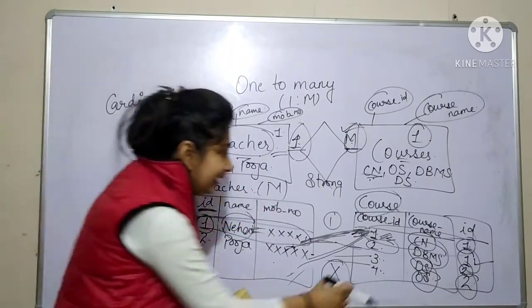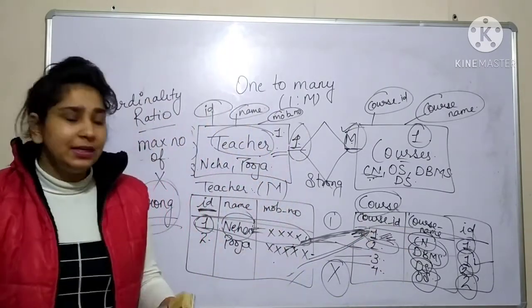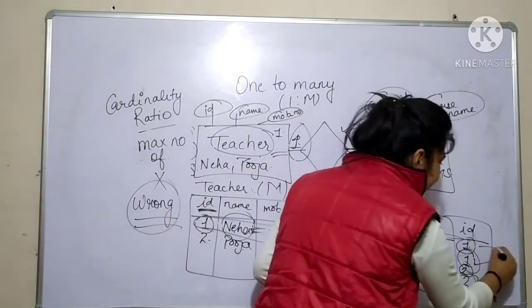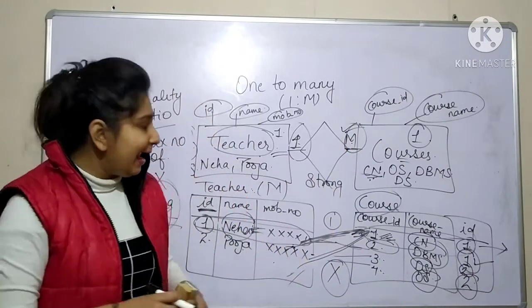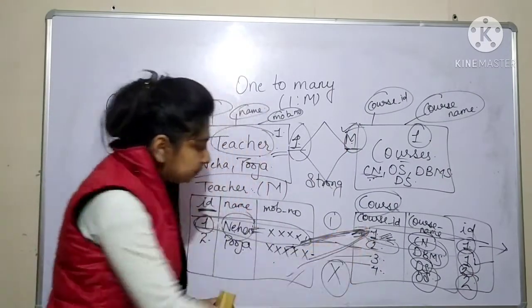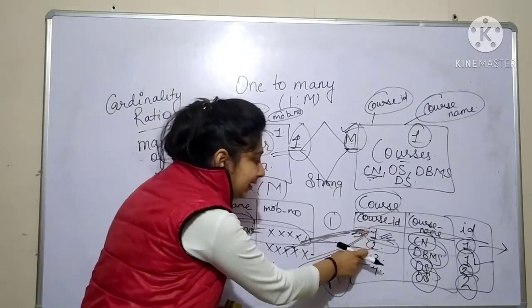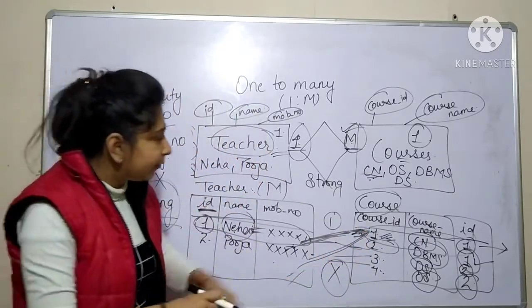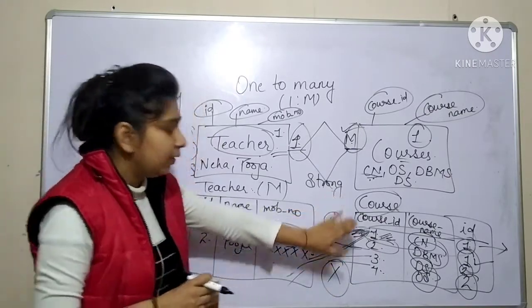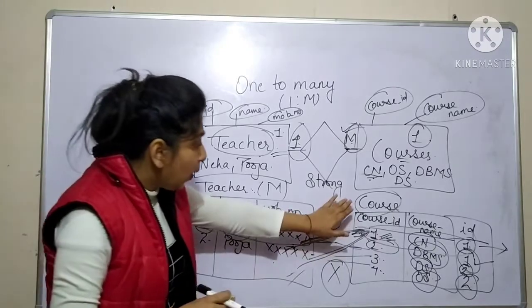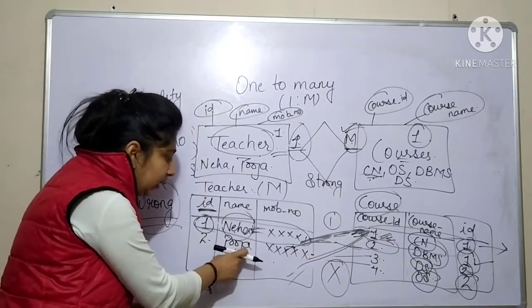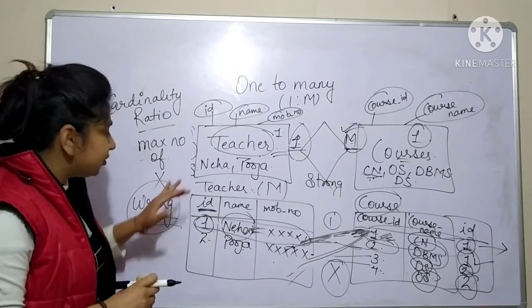Any entity you can consider. Actually, an entity means one record. You can call an entity one record. So you can consider any record of this course table. Each and every entity or record of this course is relevant to only one record of the teacher table.